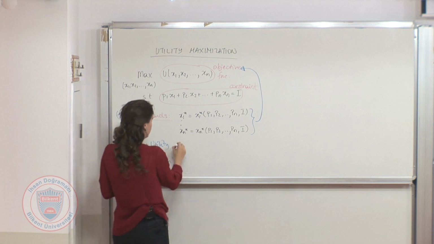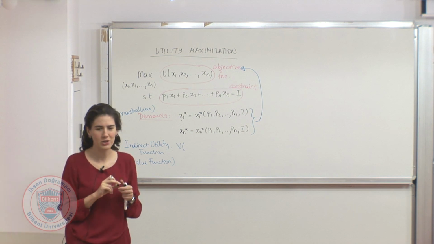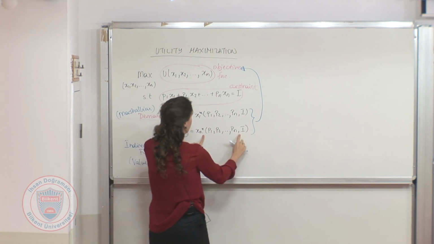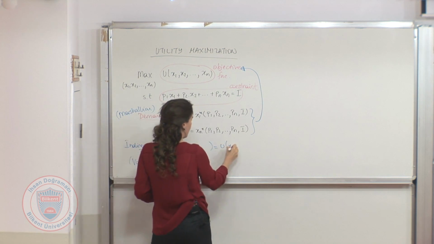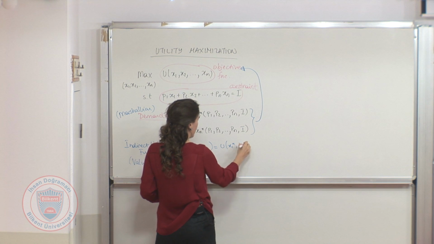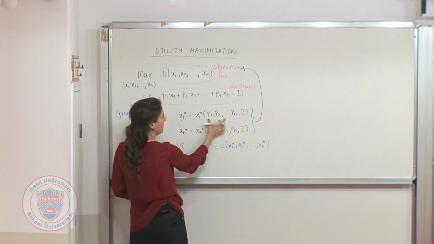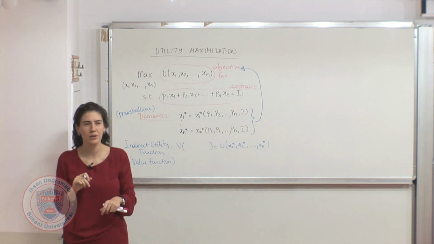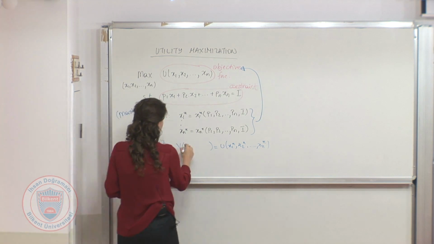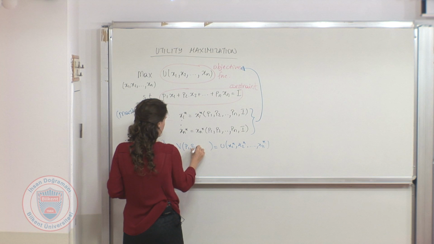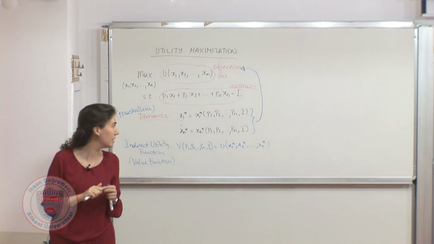So the indirect utility function was a function of what? It was a function when you plug these guys back into this utility, so u of x1 star, x2 star, xn star, but basically all these guys are functions of these guys. So this indirect utility function is a function of, again, prices and income, right? So this is going to be P1, P2, Pn, and I, right? So this was the indirect utility function.